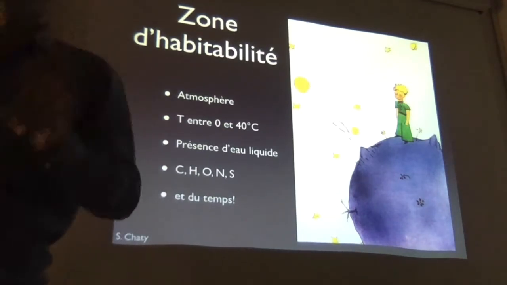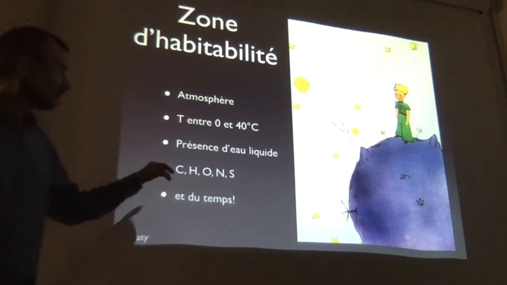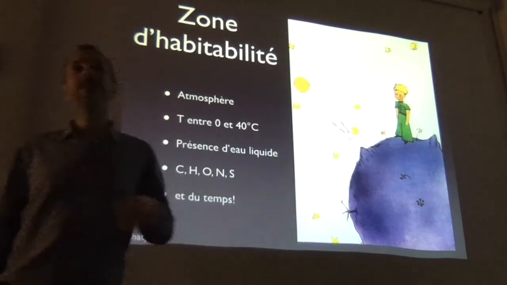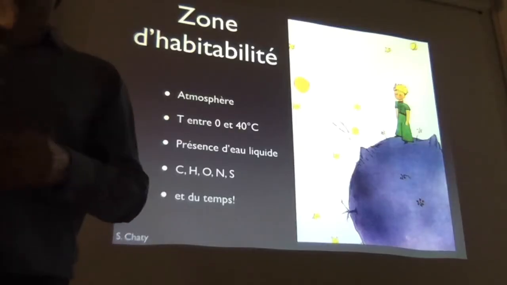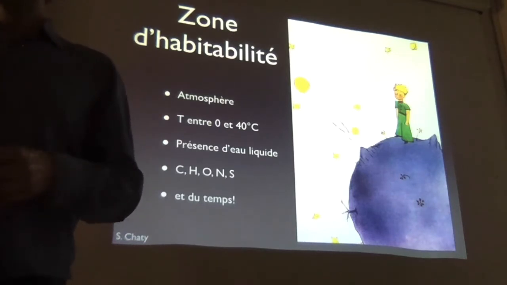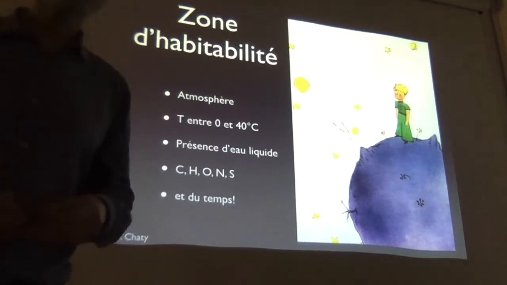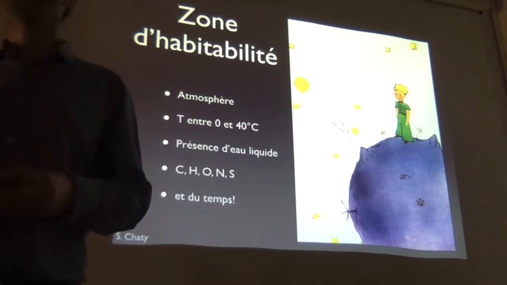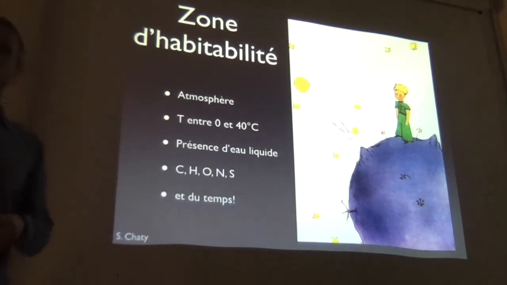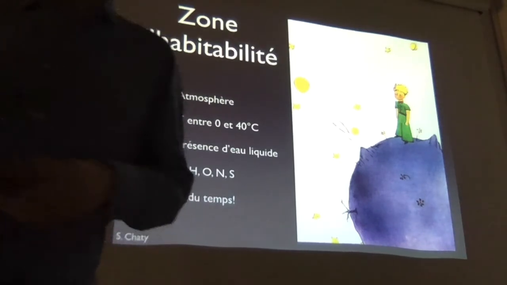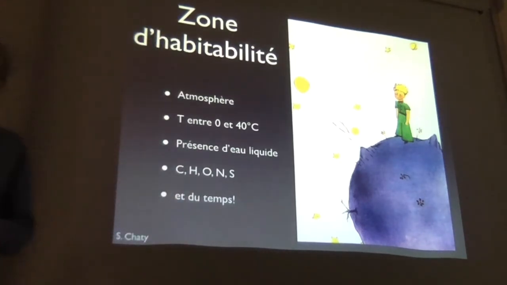Also phosphorus can be interesting. Why do we want this? Well, because these are all the ingredients that allowed the formation of life on Earth. So you can say that we are a bit Earth-centric, which is true, but also we know that it has worked on Earth.